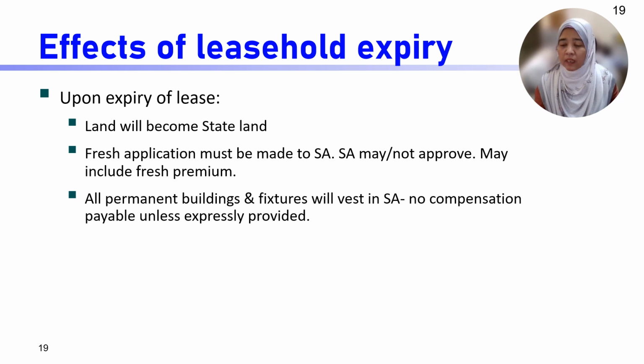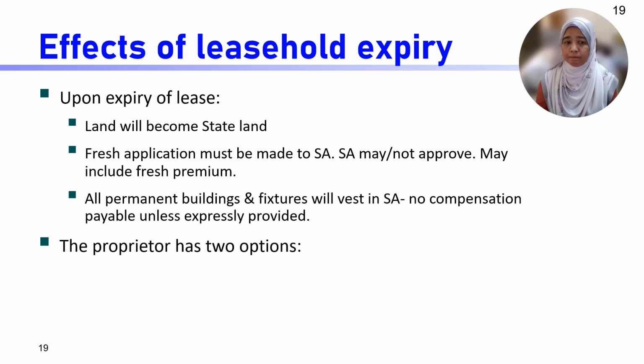Usually no compensation is given, because you know that you have a certain number of years only. Then you must make the proper arrangements, whether to renew or extend, or risk all your buildings, all the fixtures being vested, given together with the land to the state authority.